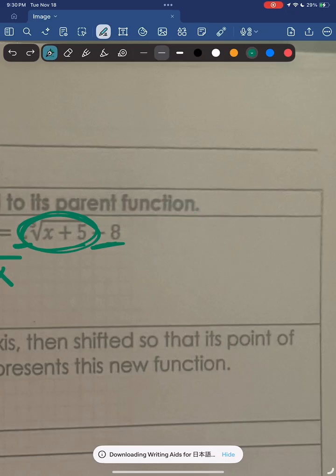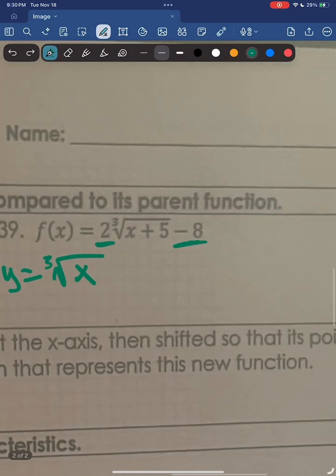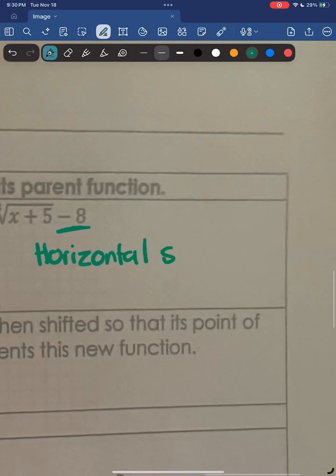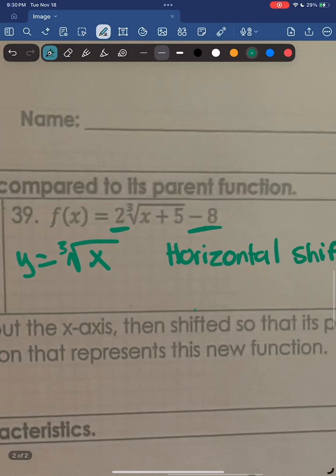So in this case, we have a horizontal shift left 5. And it's left because when it comes to horizontal shifts, it's the opposite of whatever the sign is.